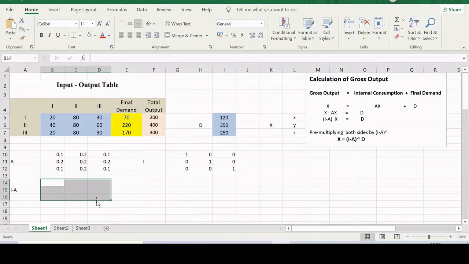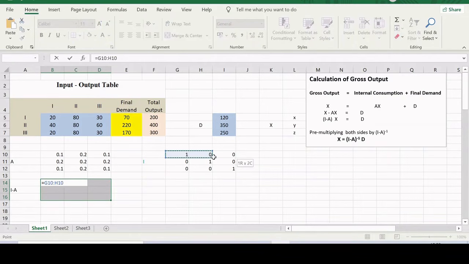Selecting the range for a matrix of order 3 by 3, we need to select the range in which we have mentioned the elements of the first matrix, after that minus. Now select the range in which the elements of the second matrix are written, and now to get the result we need to press Ctrl Shift and Enter.